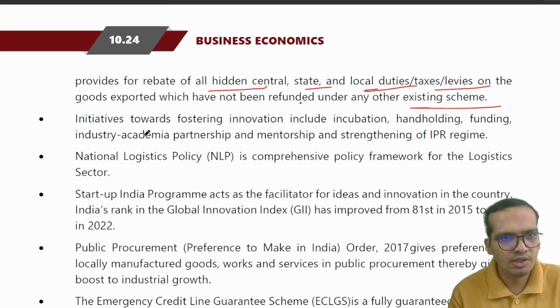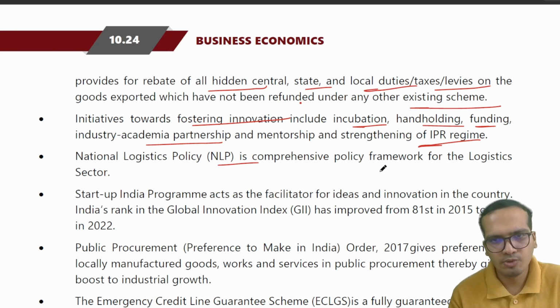India's initiatives towards fostering innovation include incubation, handholding, funding, industry-academia partnership, mentoring, and strengthening of IPR schemes. National Logistics Policy (NLP) is a comprehensive policy framework for the logistics sector. Startup India program acts as the facilitator for ideas and innovation in the country.